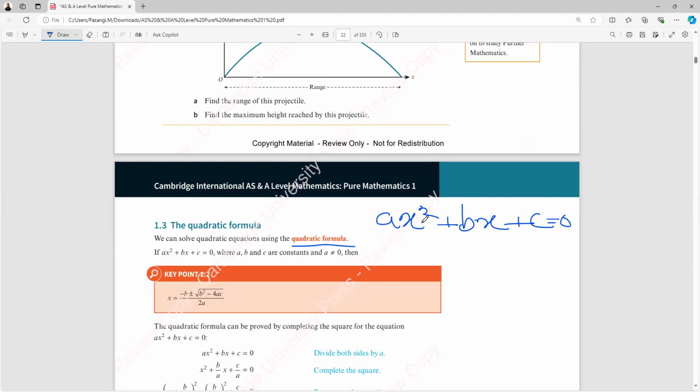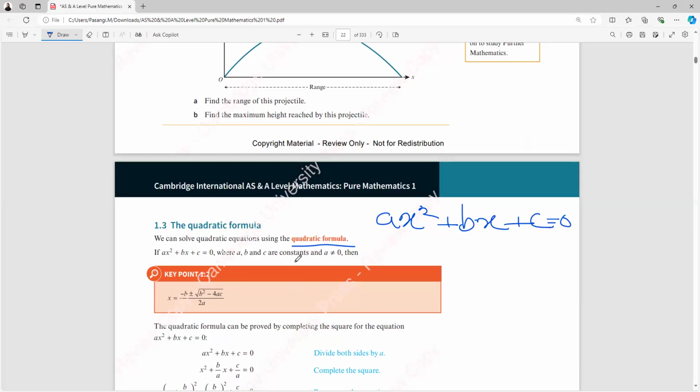Earlier we learned two methods. One is the completing the square method, by which we can find the value for x, and also by factorizing we can find the values for x. So here, there's another method, using the quadratic formula.